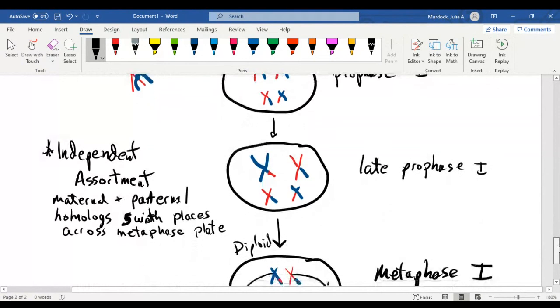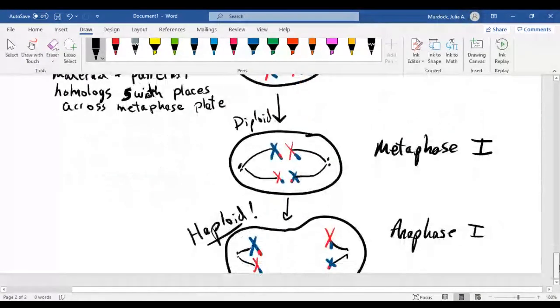Okay, so those are the two main sources of variation, and then metaphase I sets them up so that the chromosomes are going to be hooked to spindle fibers, and the homologs will be taken apart in Anaphase I and separated from each other, which achieves the reduction division that makes the resulting cells haploid from that point on.